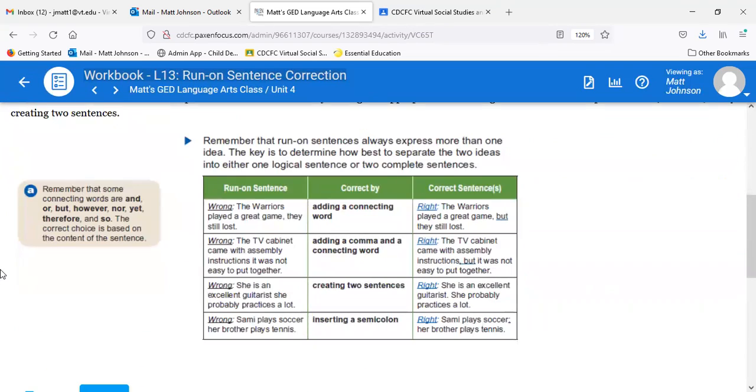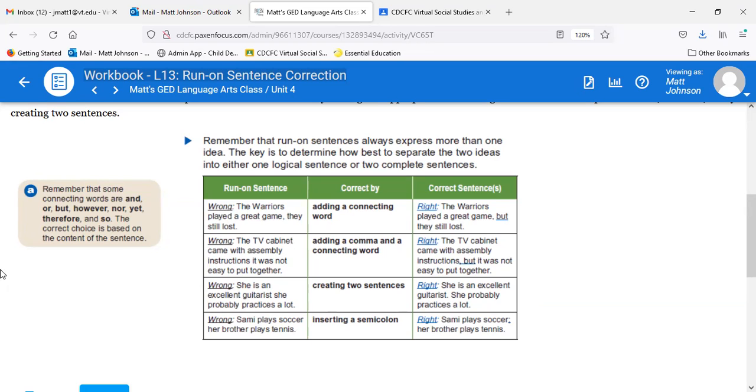So remember that run-on sentences always express more than one idea. Really driving this home today. So the key is to determine how best to separate the two ideas into either one logical sentence or two complete sentences. So the text on the side says, remember that some connecting words are and, or, but, however, nor, yet, therefore, and so.